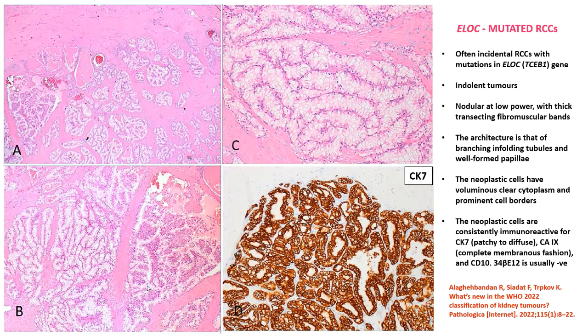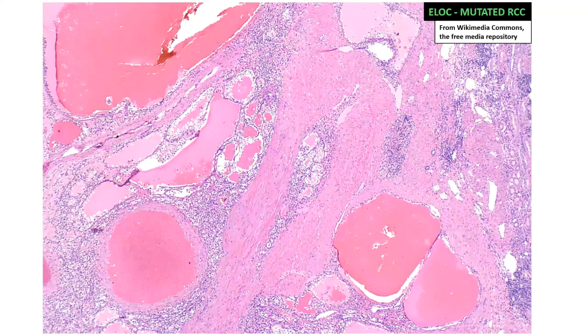On immunohistochemistry, the cells are consistently positive for CK7, carbonic anhydrase 9, and CD10. As you see, there is a diffuse CK7 expression in this particular case. Now, this is a case of an ELOC gene mutated RCC. So you see these very prominent thick fibromuscular bands which are running through the parenchyma.